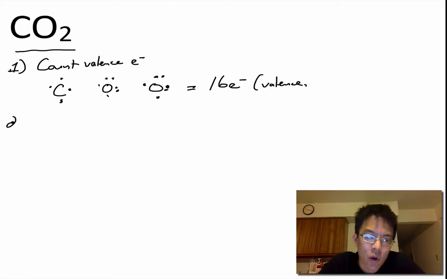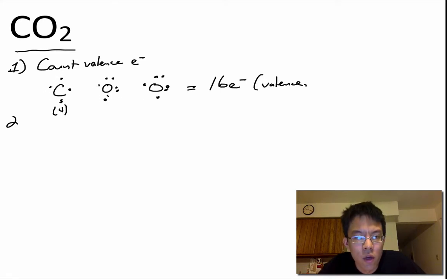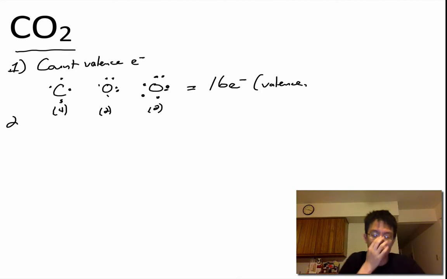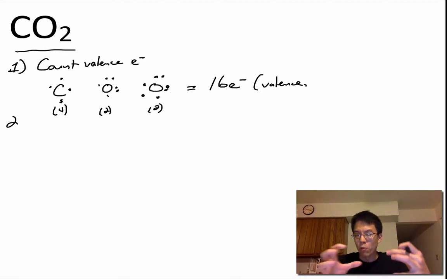Okay. Before I do that, I want to think about, okay, I know this C can probably bond to 4 other things based on its Lewis dot structure. I know this O would probably prefer to only bond to 2 things based on these 2 places that it can bond with, and also this oxygen probably bonds with 2 other places, just looking at what it's starting with.